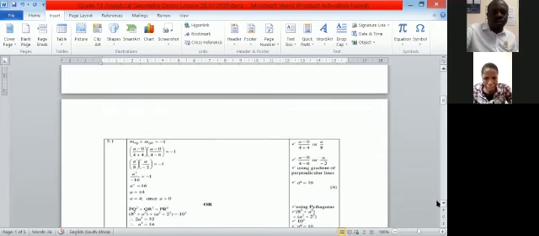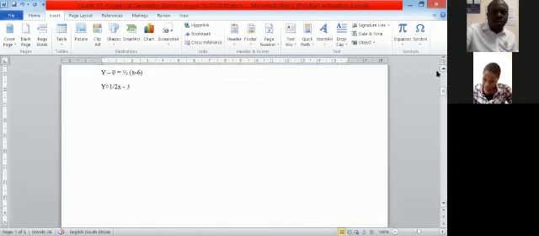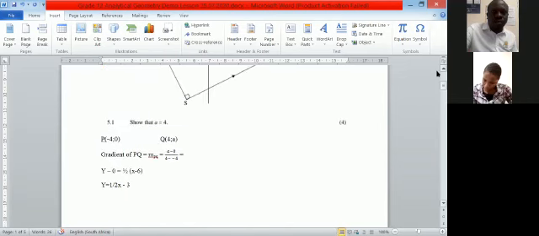The gradient of QR was a over negative 2, right? And our a is 4. And 4 divided by negative 2 is minus 2. So the gradient of PS is minus 2.